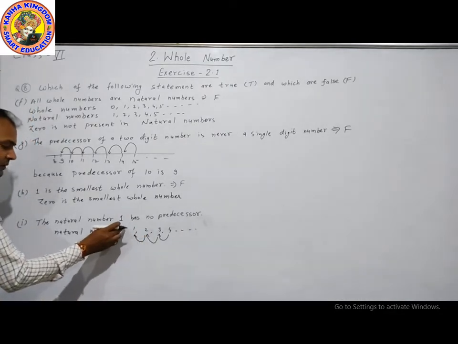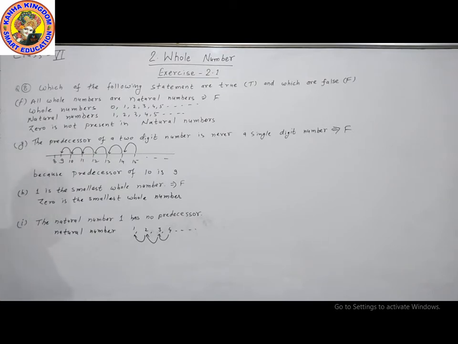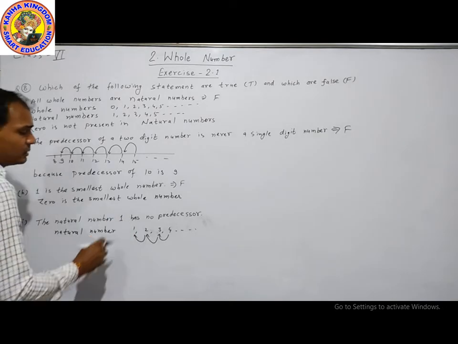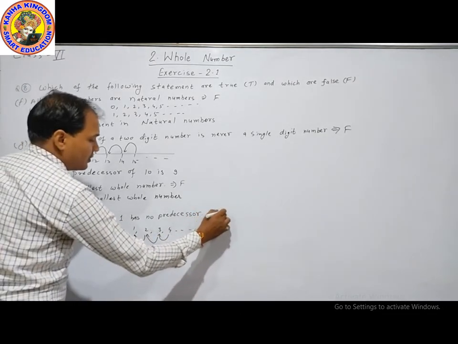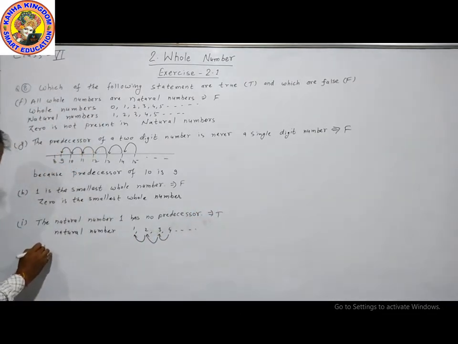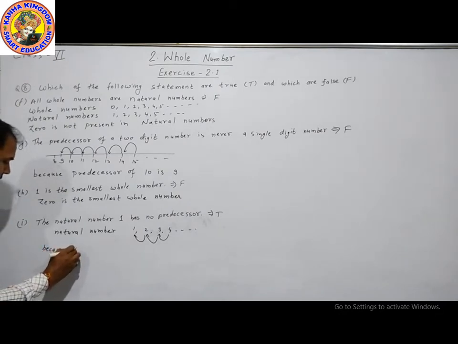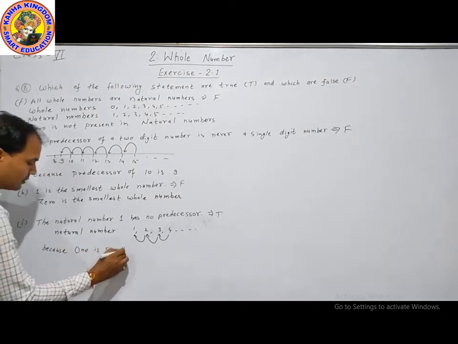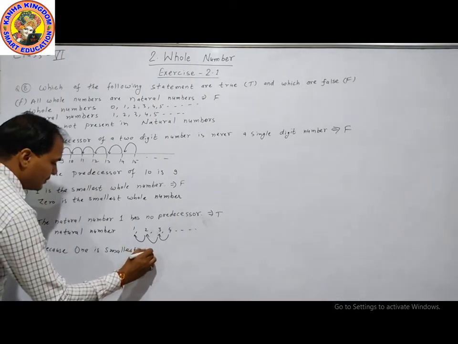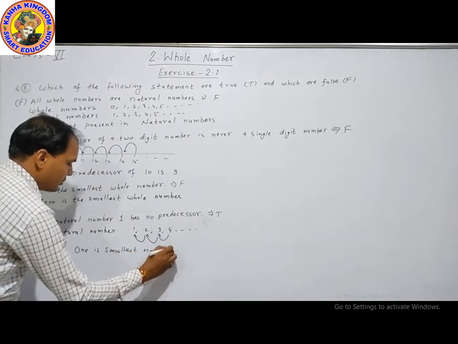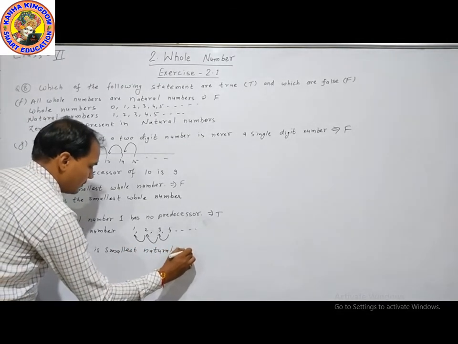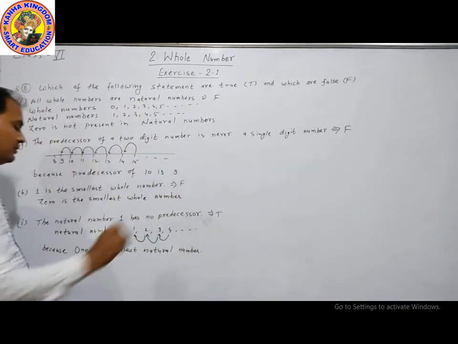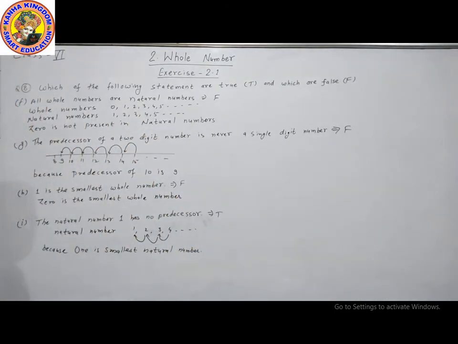For the predecessor of 1, there is no smaller natural number, so 1 has no predecessor. True, because 1 is the smallest natural number, so it has no predecessor.